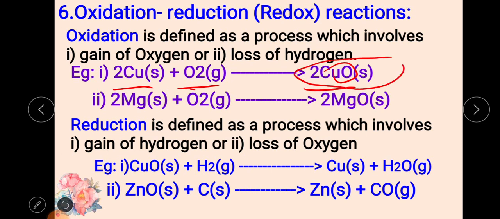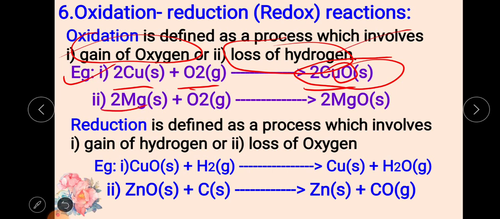It's not compulsory that if copper gained oxygen, it has to lose hydrogen. Any reaction with gaining of oxygen or losing of hydrogen we call oxidation. Just keep in mind, a reaction which gains oxygen or which loses hydrogen, both we call oxidation.